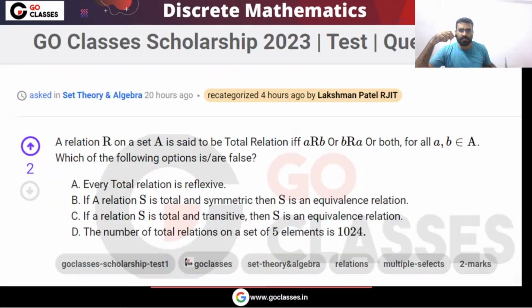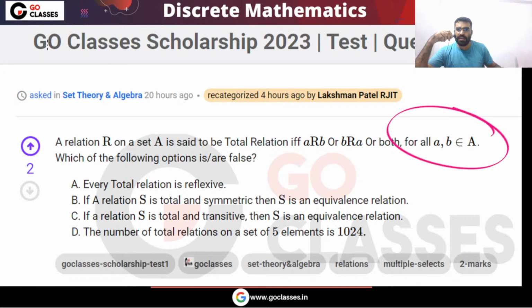Now let's start. Let's see the first question. This is question number 1 in the scholarship test. The question says a relation R is defined on a set, and a relation is called a total relation if and only if A is related to B, or B is related to A, or both.